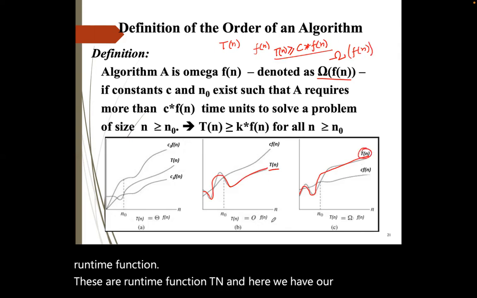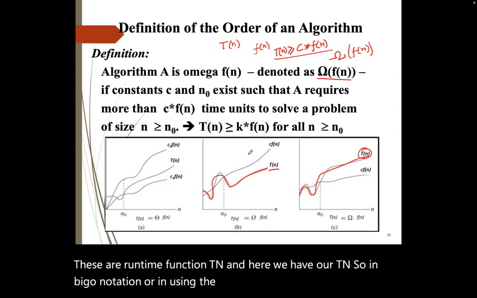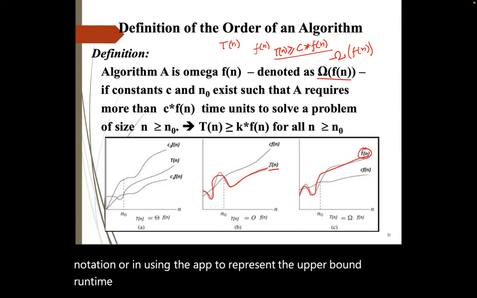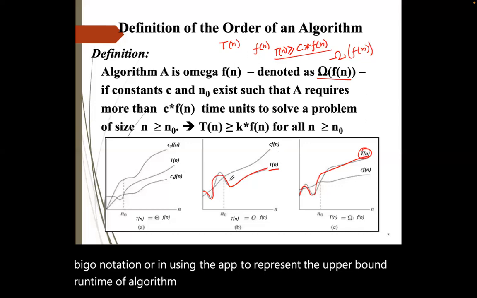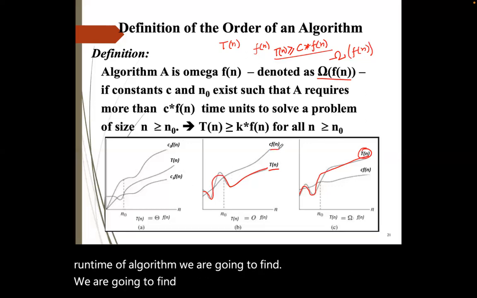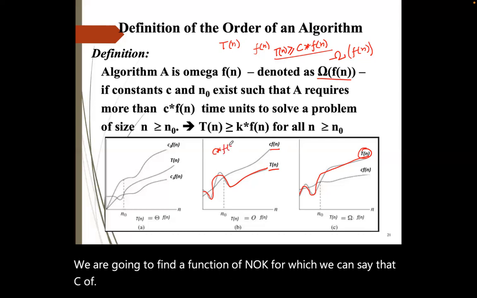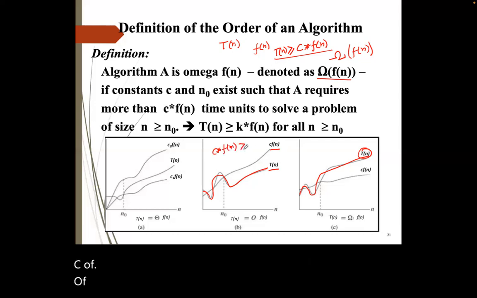So in big O notation, using it to represent the upper bound runtime of an algorithm, we are going to find a function of n for which we can say that c of f(n) is always going to be greater than the value of T(n).